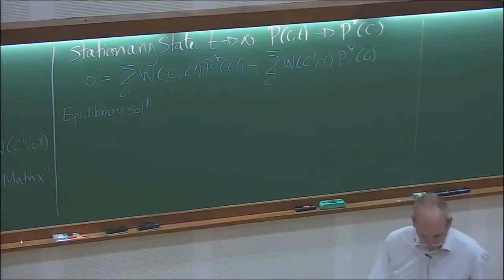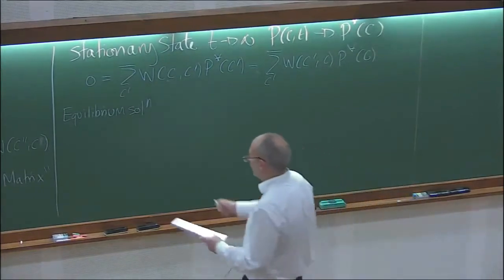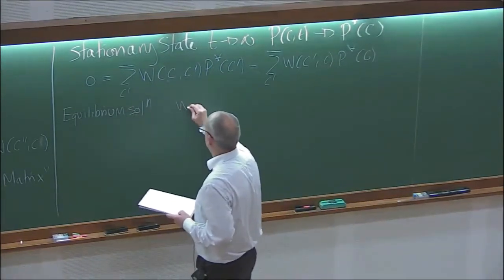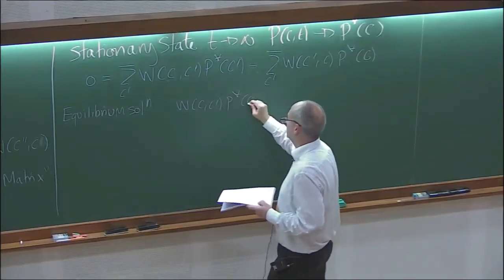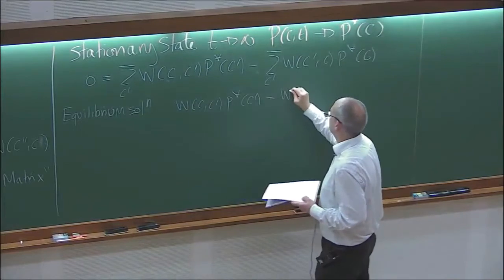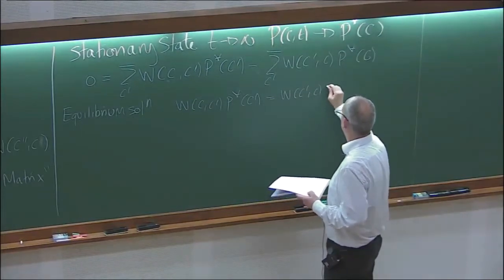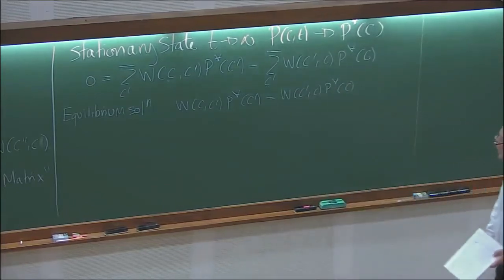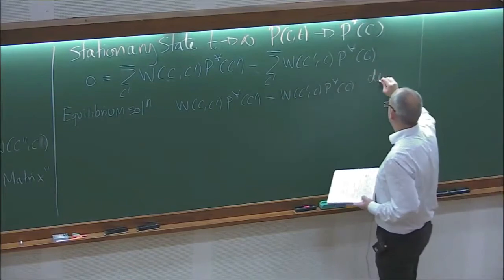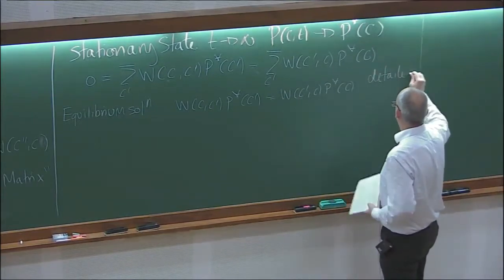And that's what we call the equilibrium case. The equilibrium solution is when W_C C primed, P star C primed equals W_C primed C, P star C. And this condition is what we'll call detailed balance.